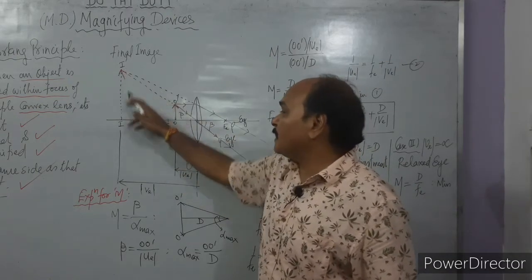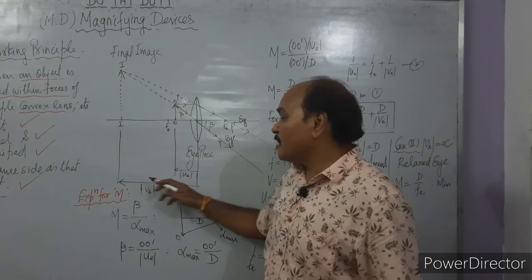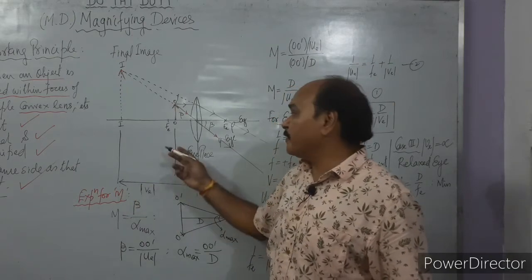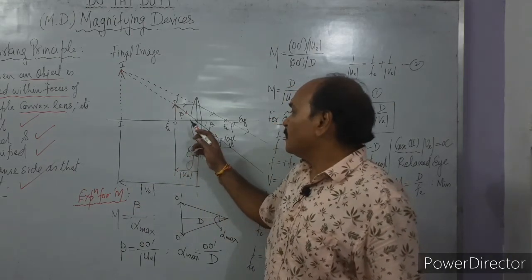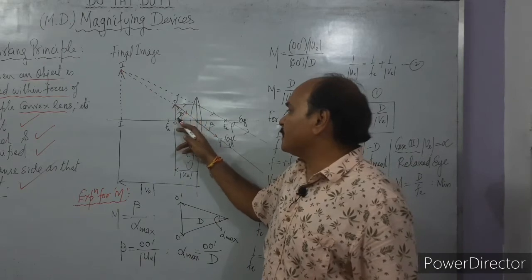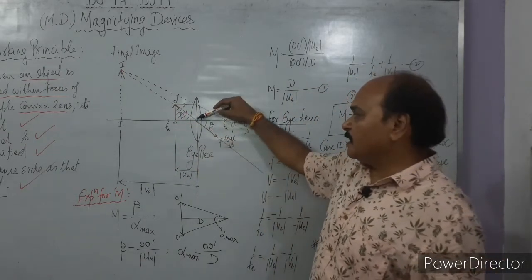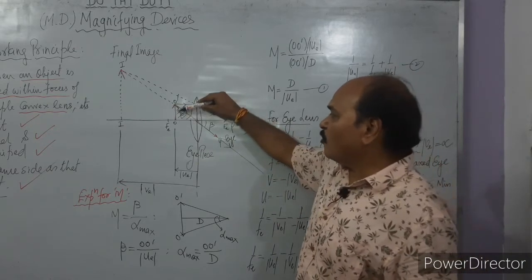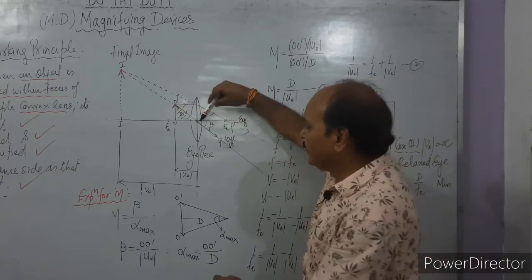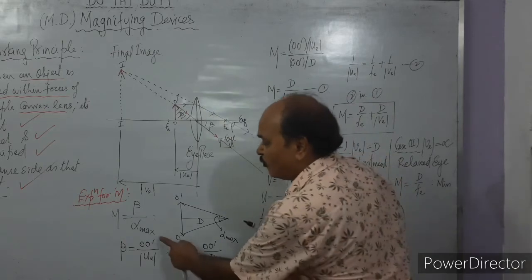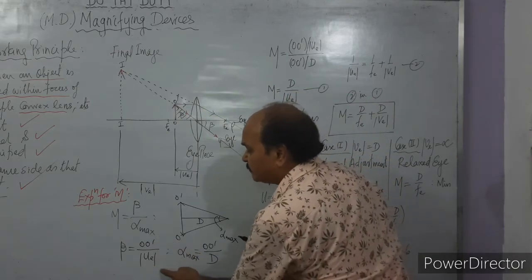And this is image II dash. Its distance is what? VE from the eyepiece. And we are going to find out this beta from this very small right angle triangle. So what is this beta? This beta is OO dash upon UE.